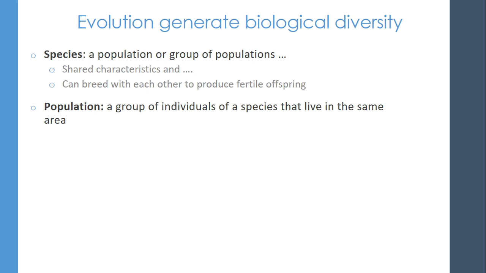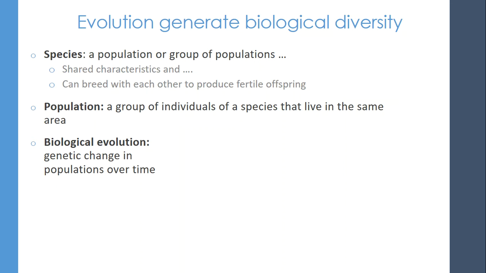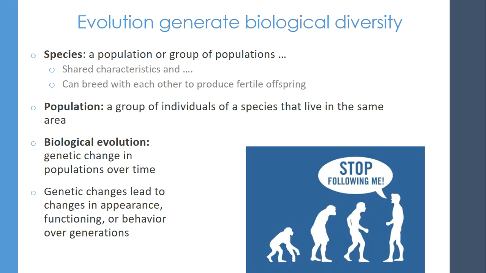So biological evolution is genetic change in a population over time that can then lead to speciation, right? Genetic changes lead to changes in appearance, functioning, or behavior over generations, and it takes quite some time, right? Especially when we think about human evolution, it's not necessarily this straight line.